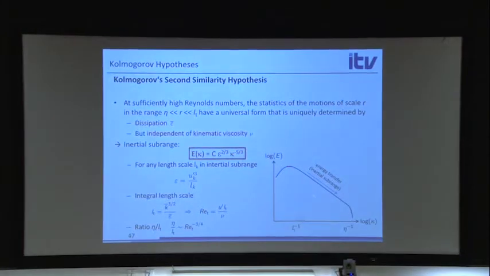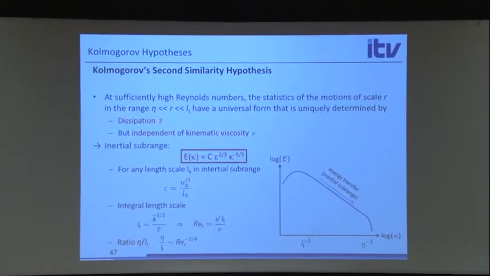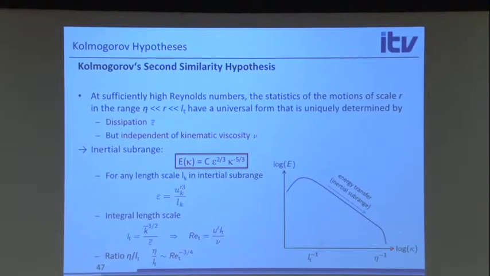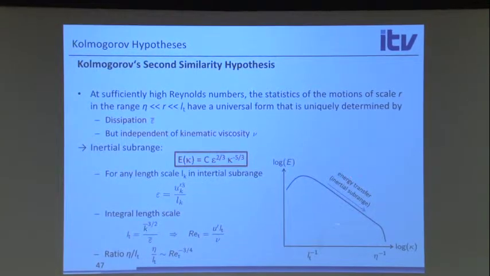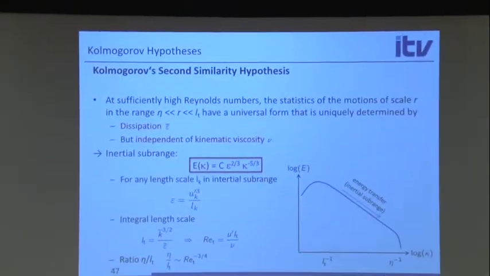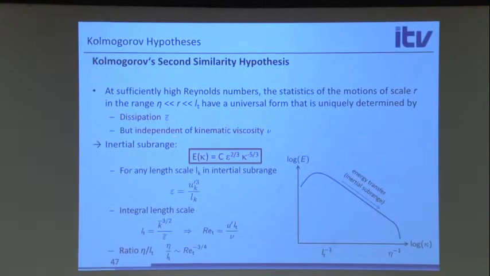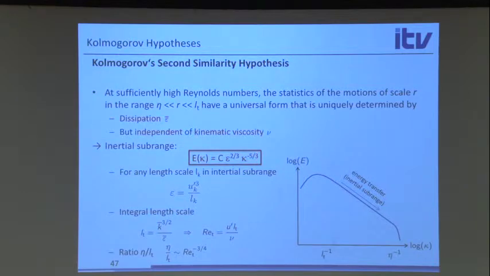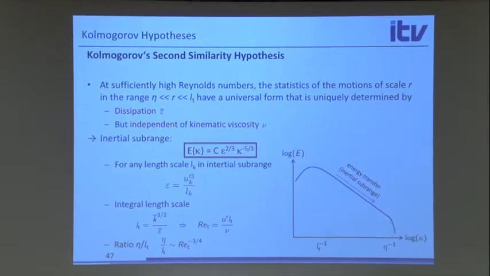So this is the joint limit of being much, much smaller than L_T, but much, much larger than eta at the same time. And if that is the case, then the solution also must be independent of nu, and there's only one parameter that characterizes the solution, and that's epsilon. Epsilon is the dissipation rate, the rate of dissipation of kinetic energy at the small scales.